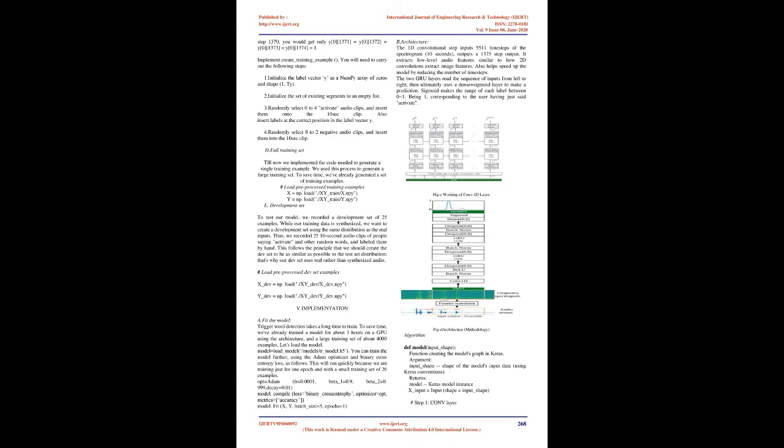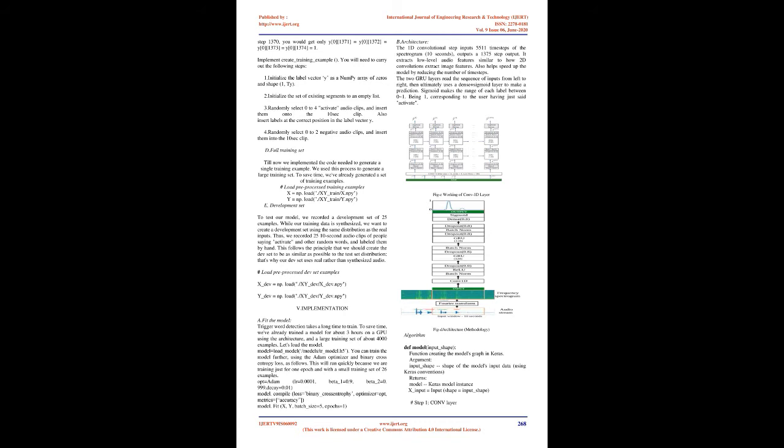Make sure that the time segment does not overlap with any of the previous time segments. If it is overlapping, then go back to step 1 and pick a new time segment. 3. Add the new time segment to the list of existing time segments, so as to keep track of all the segments you've inserted. 4. Overlay the audio clip over the background using pydub. We have implemented this for you. Finally, implement code to update the labels, assuming you just inserted an "activate".